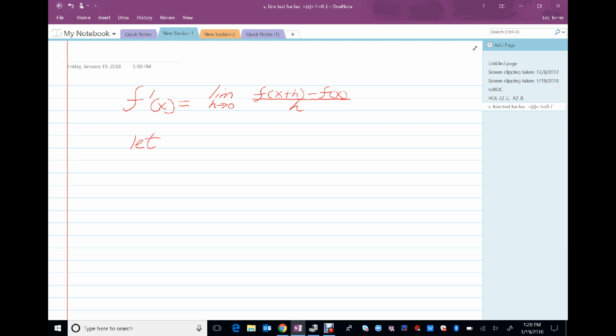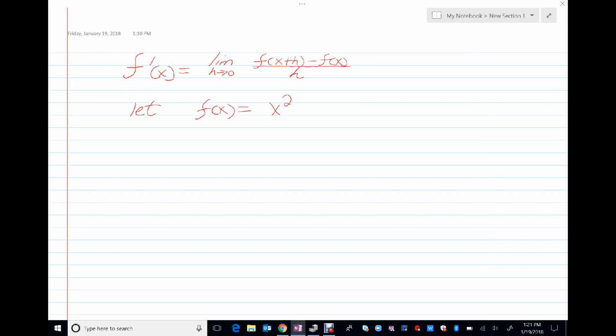Let's let f of x equal x squared. Then, according to the definition I just gave you, we would have f prime of x equals the limit as h goes to 0 of f of x plus h, which looks like this.